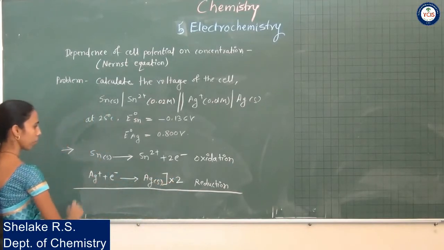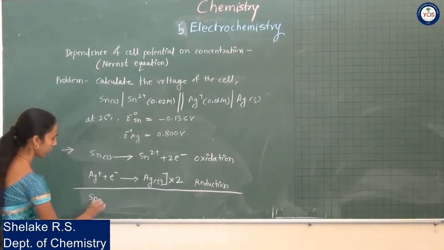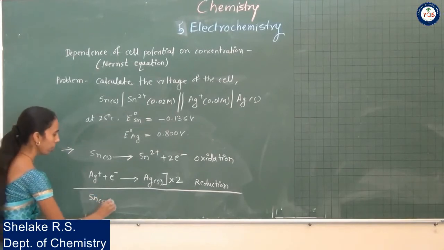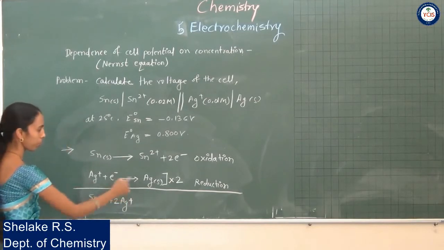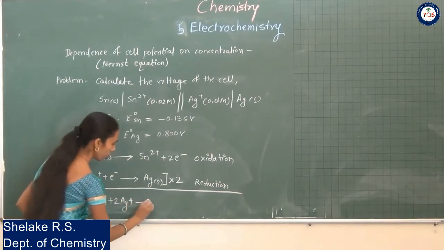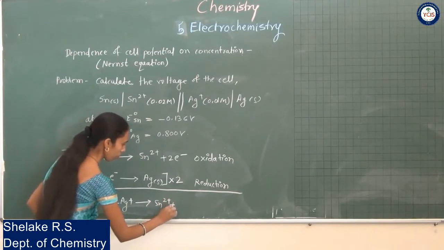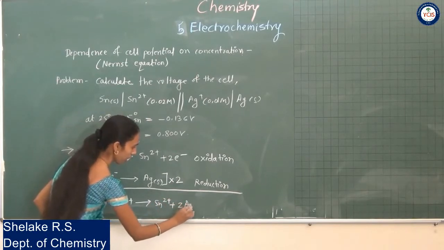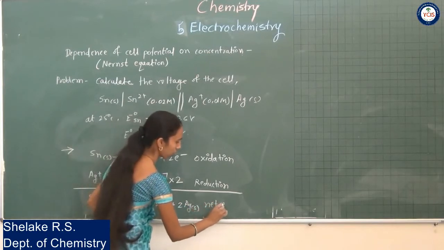By multiplying by 2, I will write directly the net cell reaction: Sn solid plus 2Ag+, after multiplying by 2 the electrons cancel, gives Sn2+ plus 2Ag in the solid state. This is your net cell reaction.